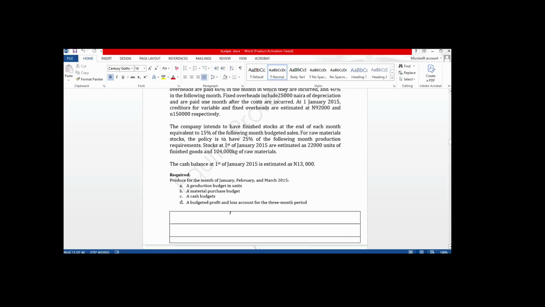With cash assets as at 1st January, the balance is estimated to be 13,000.